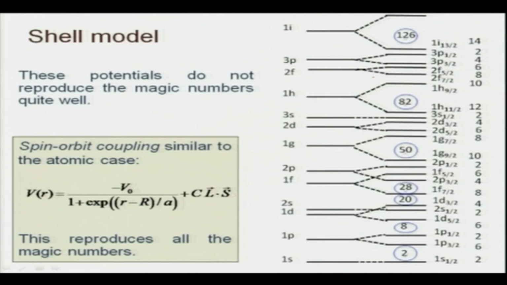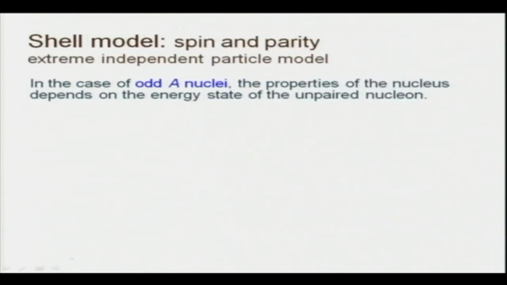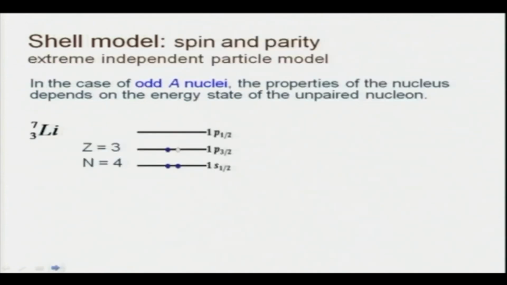So, neutrons and protons are separately considered, and then let us consider the extreme independent particle model. In this case, lithium as an example has 3 protons and 4 neutrons. All the neutrons are paired, and in the case of protons, 2 of them are paired and 1 is an unpaired proton.